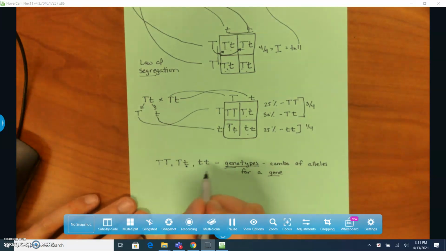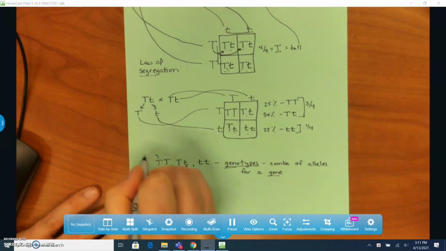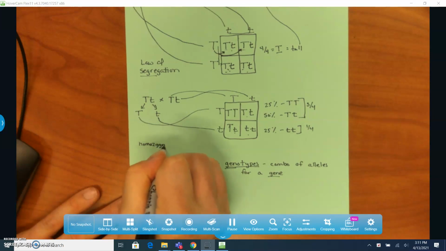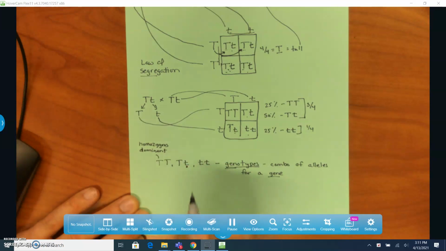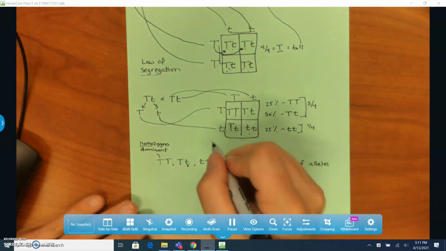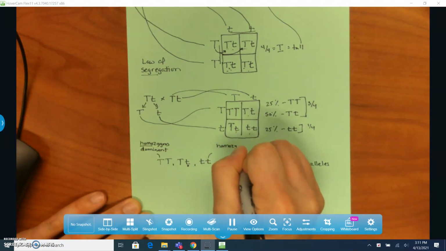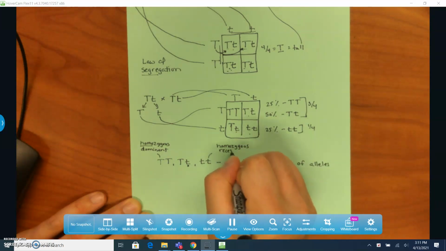And each of these genotypes is given a specific name. Big T, big T is called homozygous dominant. Homo meaning the same. Dominant because they're both the dominant allele. Similarly, the little t, little t would be homozygous but recessive, so homozygous recessive.